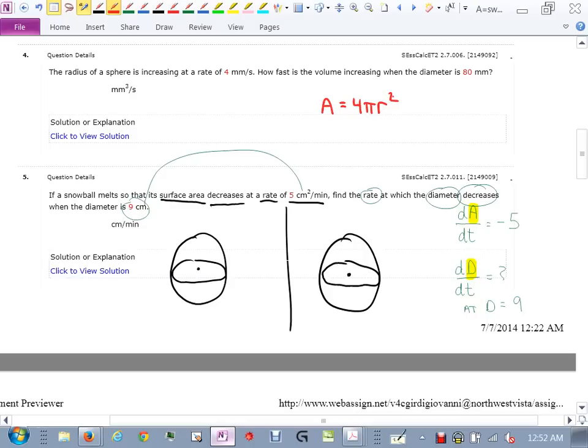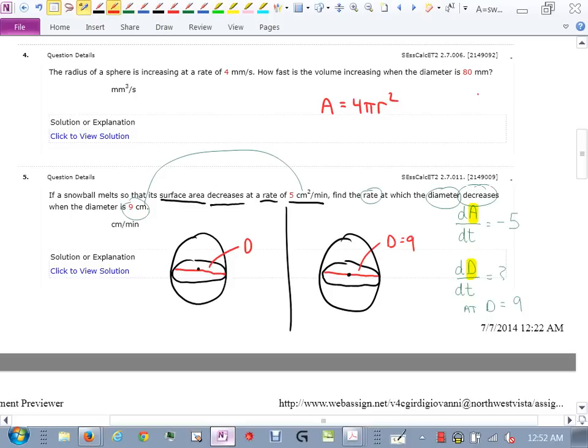I should point out that in my instant-in-time picture, D was 9. Over here in my picture, D was just D. Well, the problem is that our formula has an R in it, not a D. So it's not technically correct to differentiate this right now, but we can get around that pretty easily because we know the relationship between a radius and diameter.